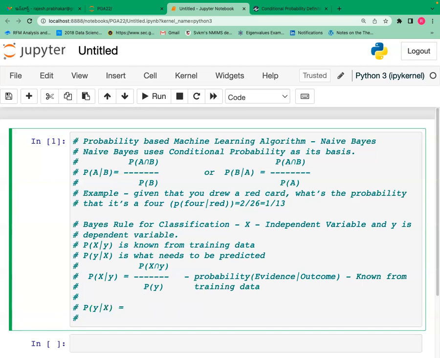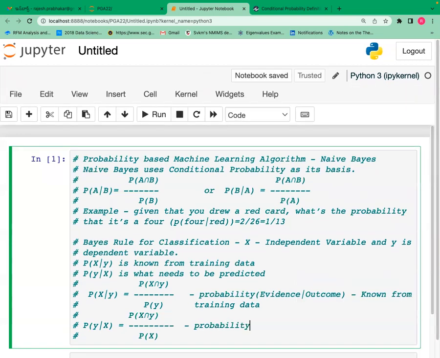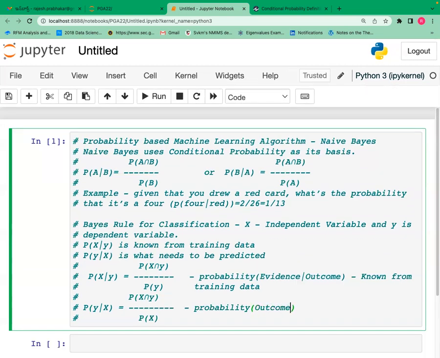It will be the same: probability of X intersection Y divided by probability of X. So the probability of outcome given evidence is what we are predicting.